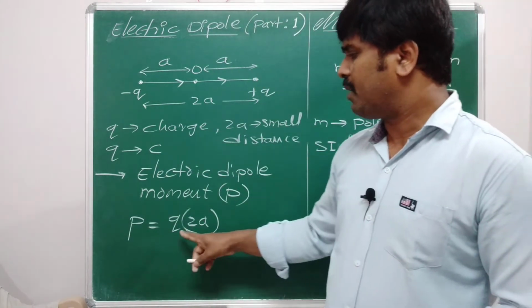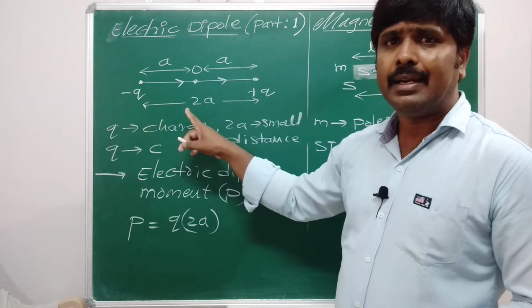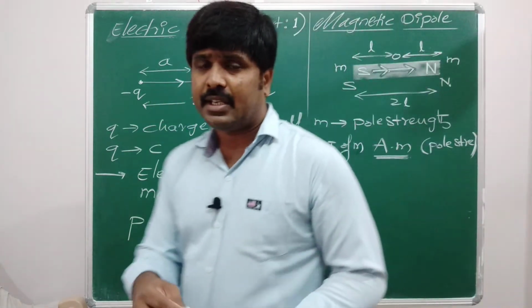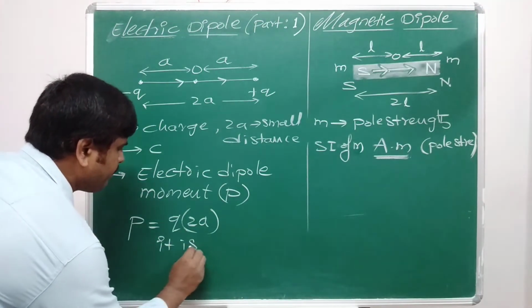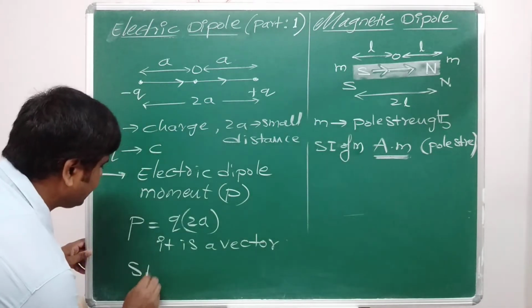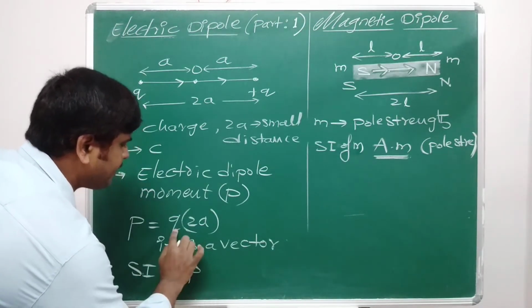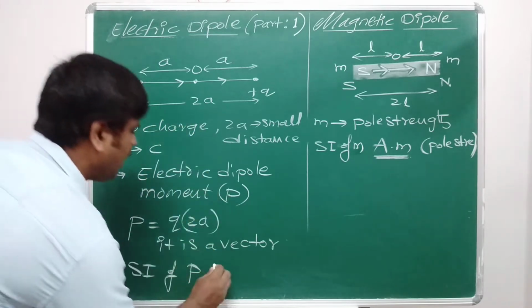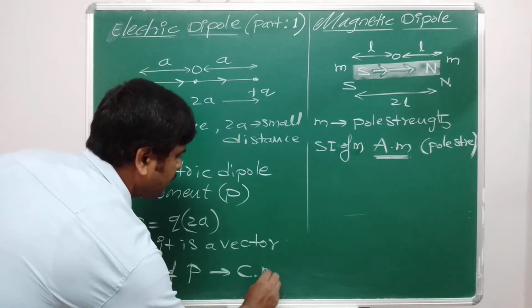That is the product of charge and length of the dipole. Charge is q and length is 2a. It is a vector quantity, and the SI unit of P, charge is coulomb and distance is meter, so coulomb meter.